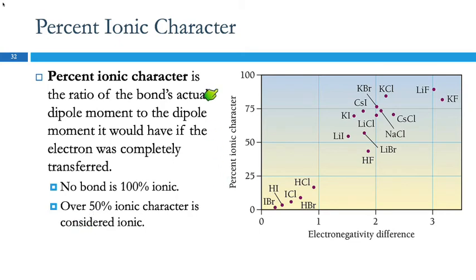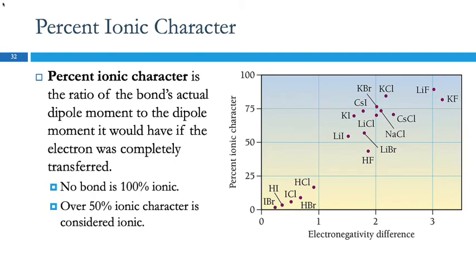So this is a graph of percent ionic character versus electronegativity difference. And so what we see down here in the less than 25% category, these are nonmetals with each other, right?